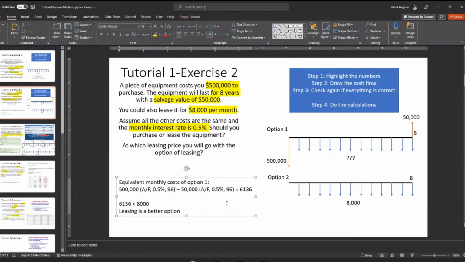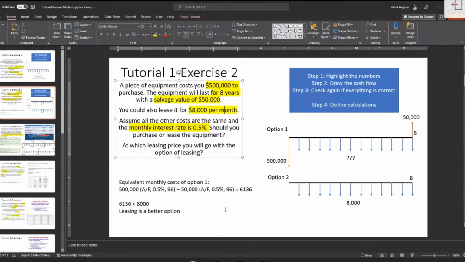But you don't need to do it. You basically can say that 8 years is equal to 96 months, and the monthly interest rate is 0.5%, and that's okay. And also the lease is per month, so it can be equally used with the same equations.